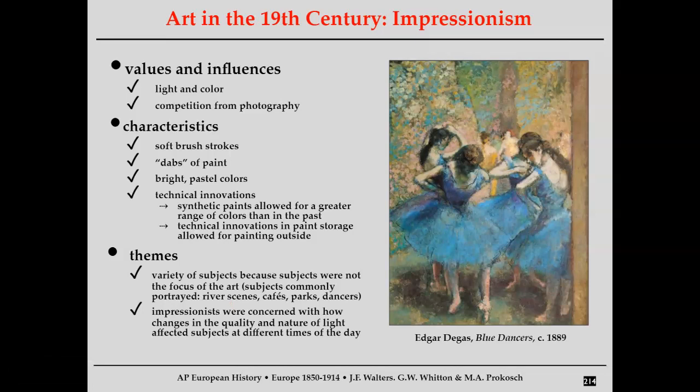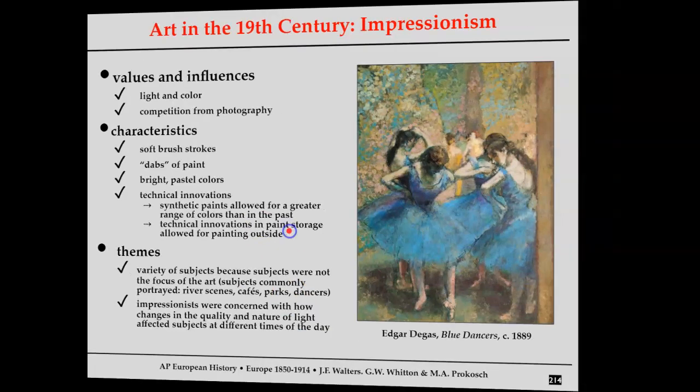People are actually using their extra time for fun. So we're going to see scenes of people in cafes. Why do people go to cafes? That's a leisure activity, which is a major theme of the late 19th century. Some of these major European cities are building parks in the center of their cities because people like green. People like to relax. So you're going to see quite a bit of that.